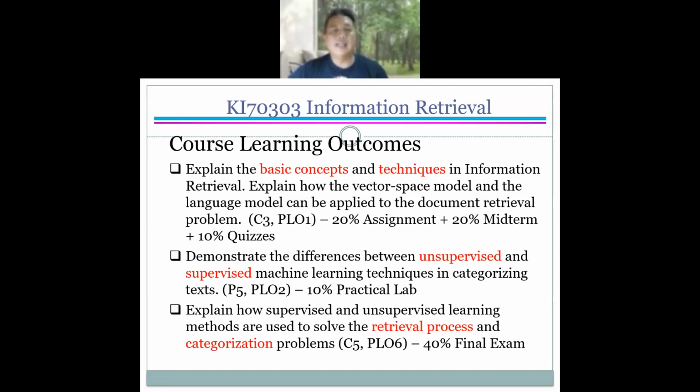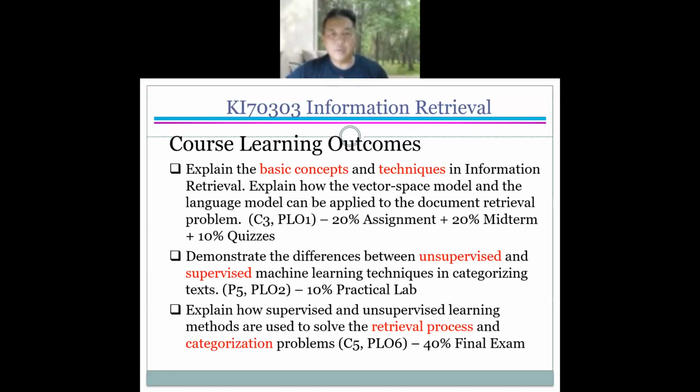And finally, the last one will focus on problem solving. This one will be your final exam. In the final exam, we assume that you know the basic concepts and techniques of information retrieval and how to apply the methods in solving the problems stated in your final exam.